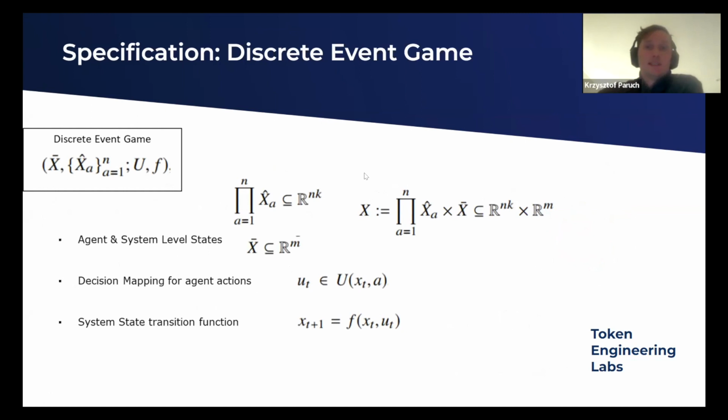Okay, so how does this specification look like? I want to give you a very formal introduction now. We are defining a discrete event game on top of the blockchain infrastructure. Again, this is why the state space is so useful. We are just describing all agent and system level states. Depending on the number of agents and the dimensionality of the system, we are describing it in those spaces.